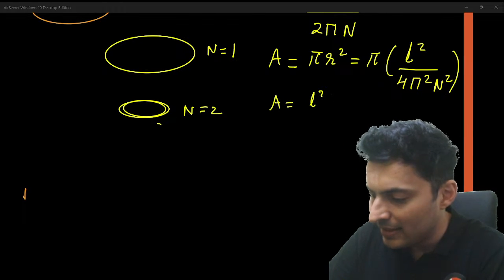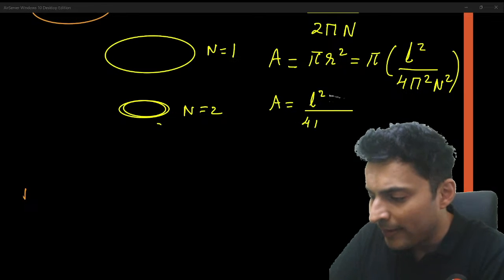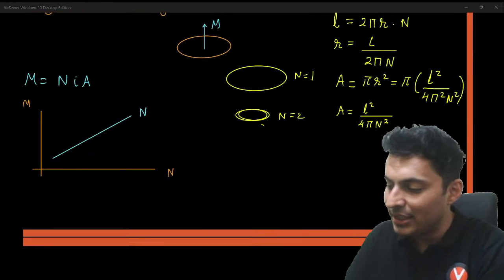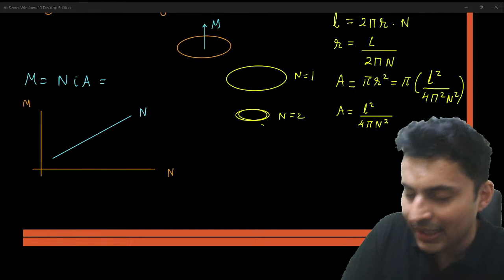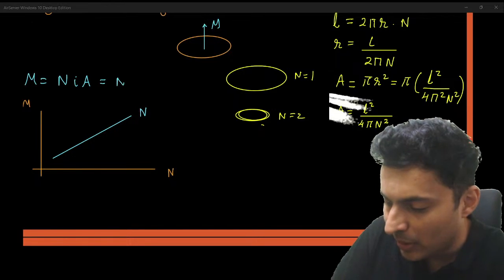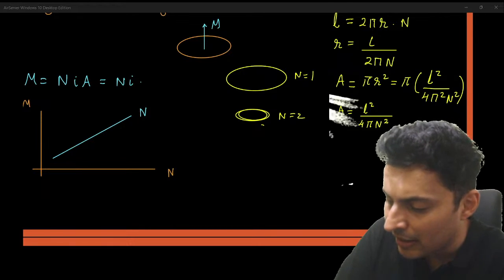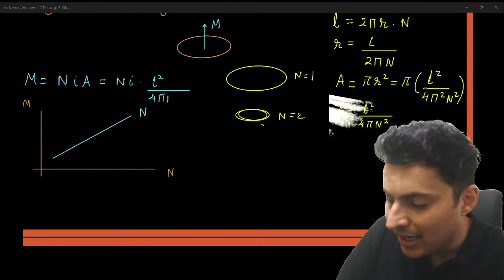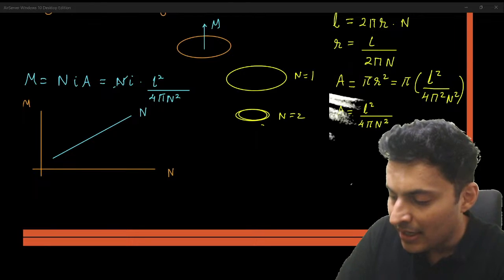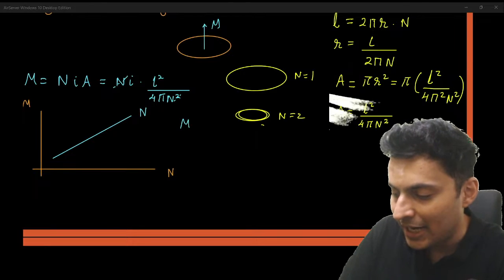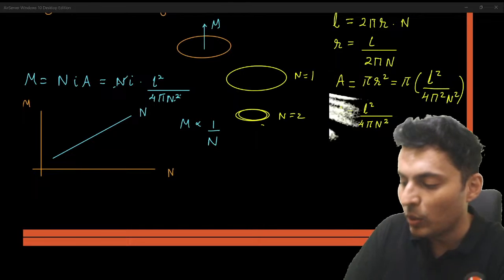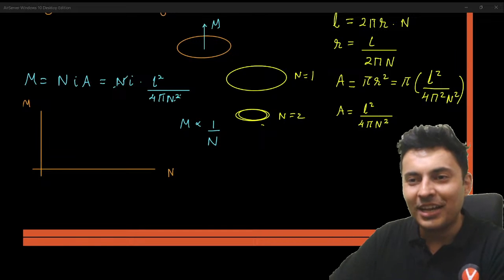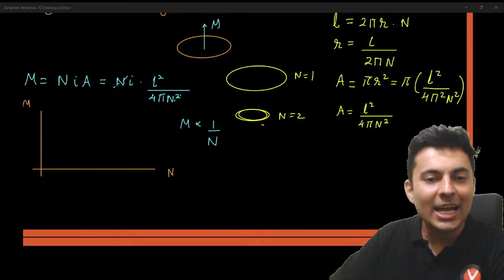Pi cancels, and you will get L squared divided by 4 pi n squared. If I substitute that over here, number of turns into current, and instead of area I put L squared divided by 4 pi n squared, one of the n here and one of the n over here get cancelled, and the magnetic moment will be inversely proportional to n. The entire problem only changed.